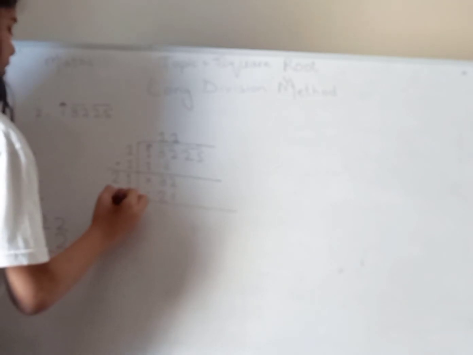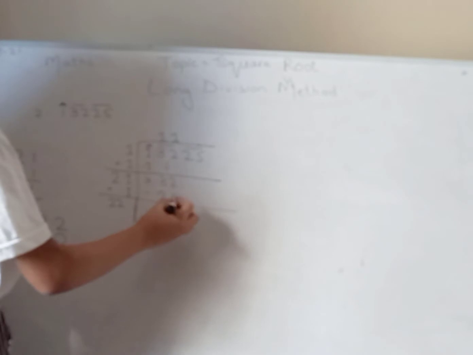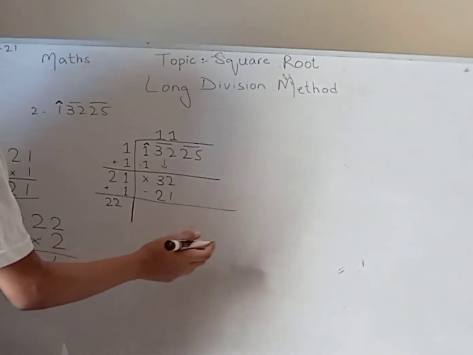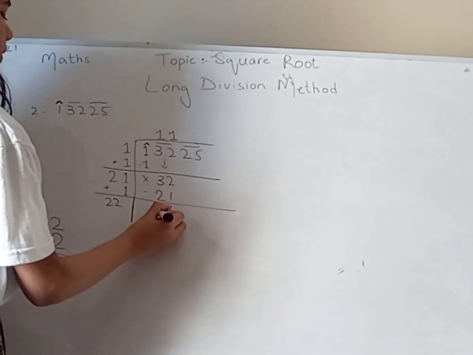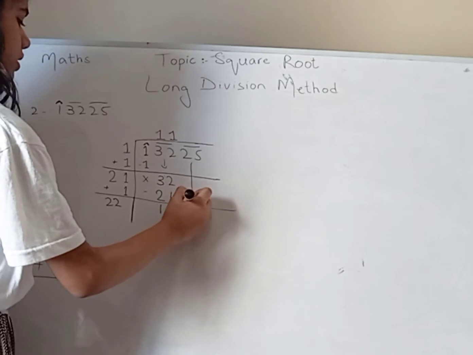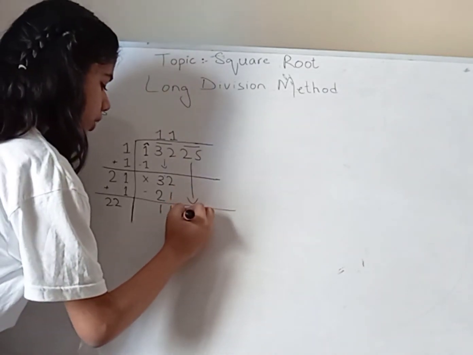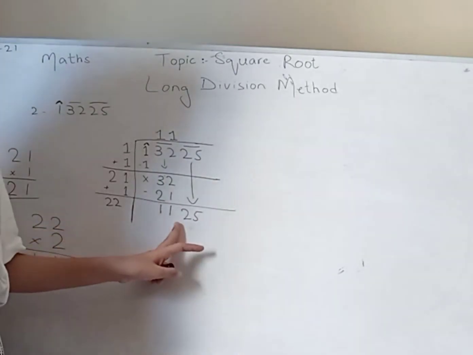It's 22. Now subtract these numbers, 1 over here and 1 over here. 11 is left over here. Now copy this 25. Now we have to solve this at once.